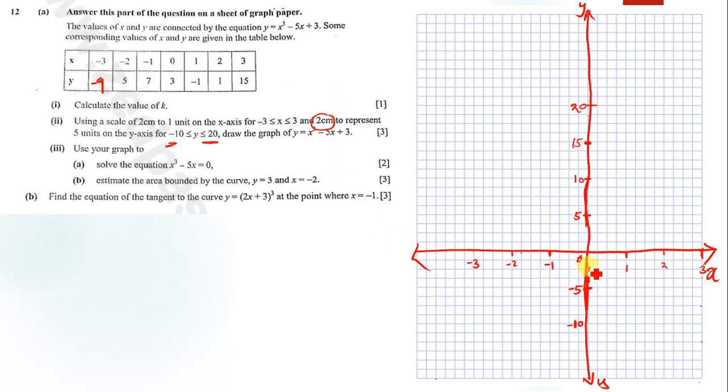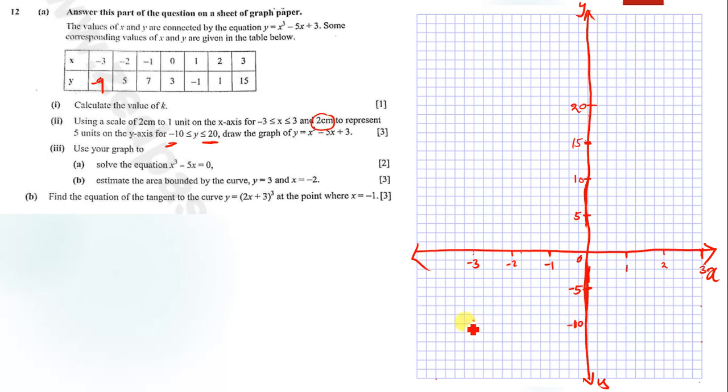Now we start plotting the coordinates that we have. Negative 3 comma negative 9. I'll approximate my negative 9 to be somewhere there, but if you are using a graph paper with those small boxes, you know where negative 9 is with no doubts, of course. If this is 5, this should be 7.5 there.